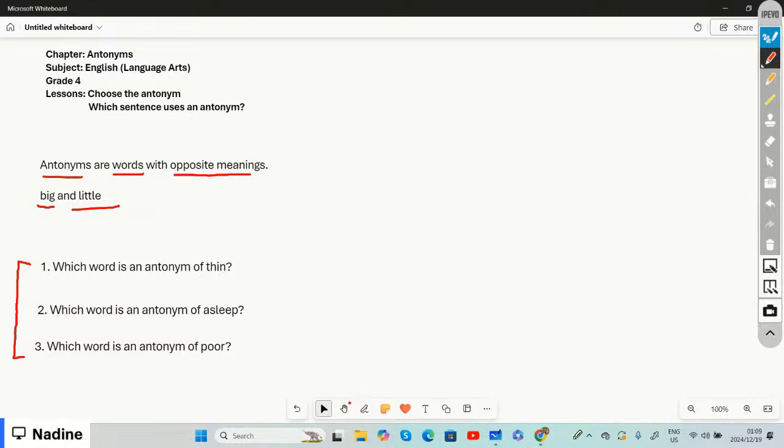All right. So now we're going to identify the words that are opposite in meaning. We already have big, and the opposite of big is little. We can even say the opposite of big is small. It can be either little or small. What is the opposite of heavy?